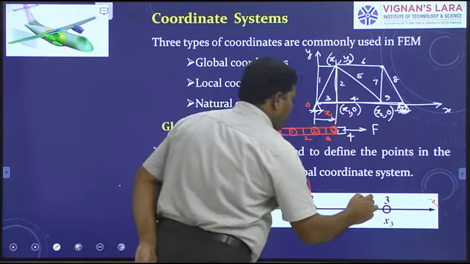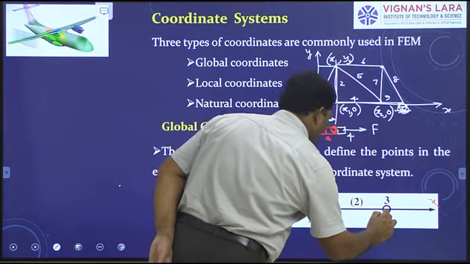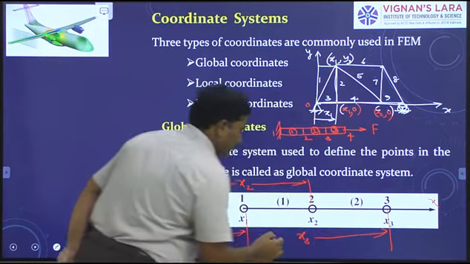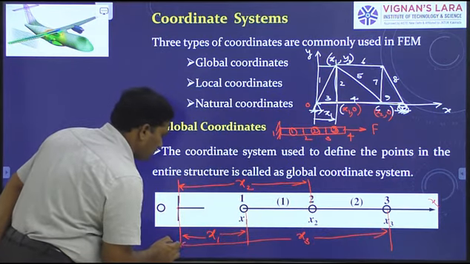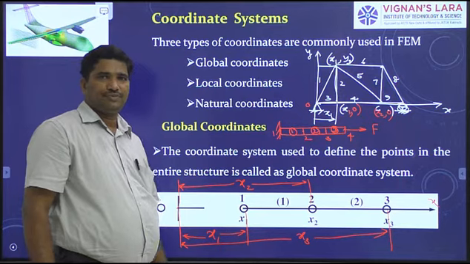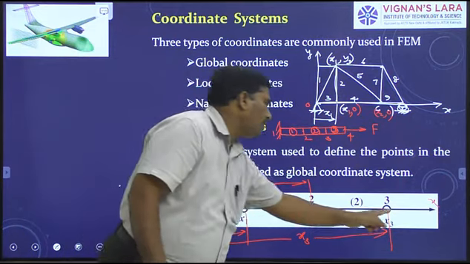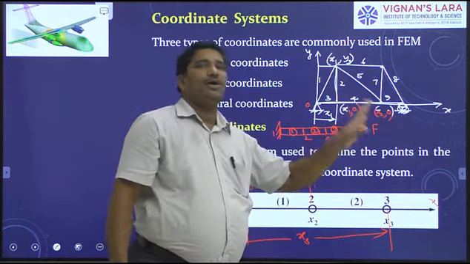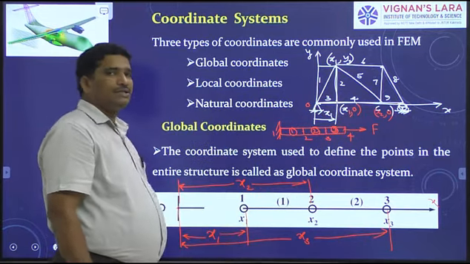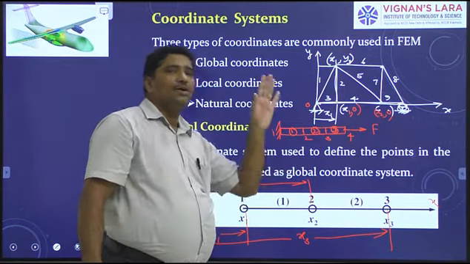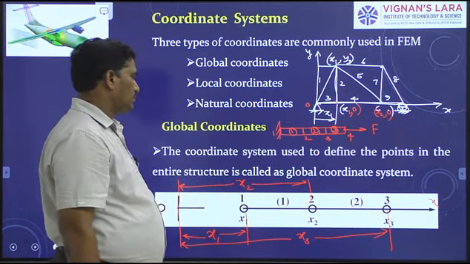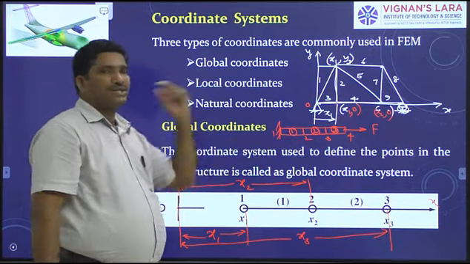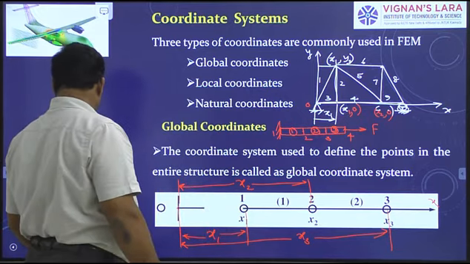To specify point 3, you want the coordinate x3, the distance of node 3 from the coordinate origin. So here all the points are specified with the aid of a single coordinate system. Right? Therefore it is a global coordinate system. Understand? The coordinate system used to define the points in the entire structure is the global coordinate system.